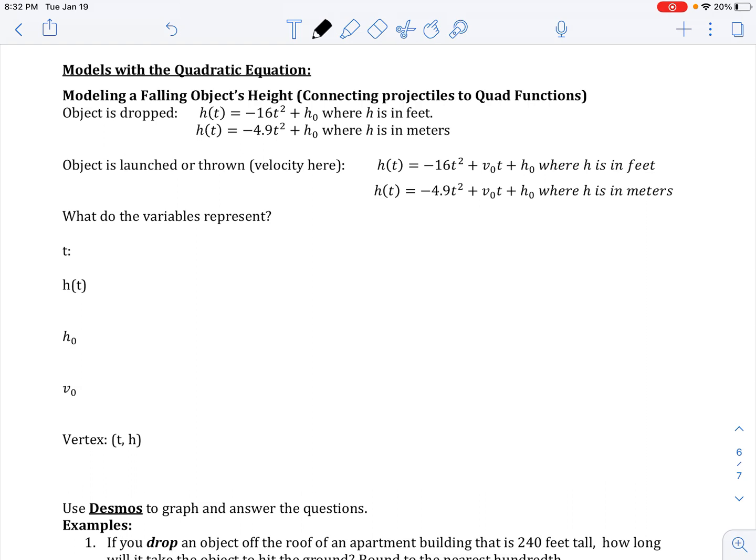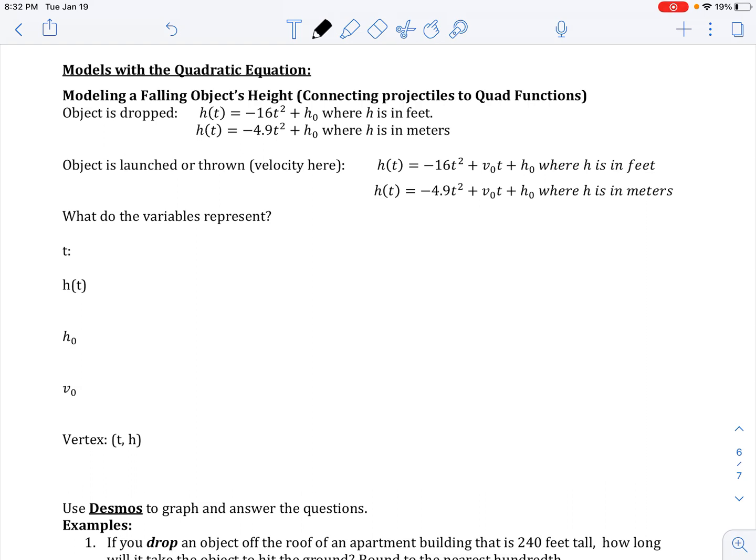The most common, you might end up using them when you take physics, or maybe you're already using them in physics, are modeling objects. Physicists love to do experiments, and they love to drop things and throw things. And there are equations that model the time versus the height of objects when you drop them or throw them.